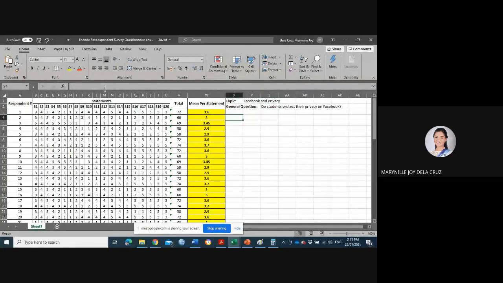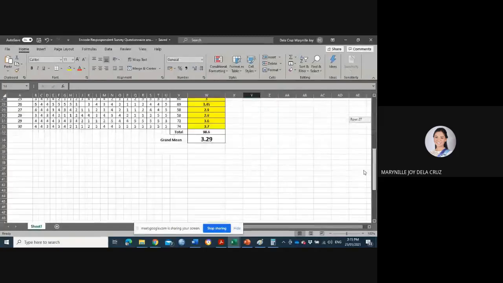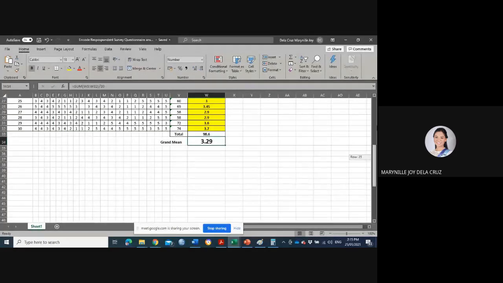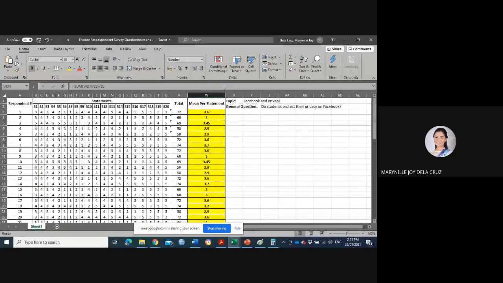Okay, so how are you going to do this? In order to learn how to interpret this and how to discuss this, you create a scale to know what your interpretation will be.